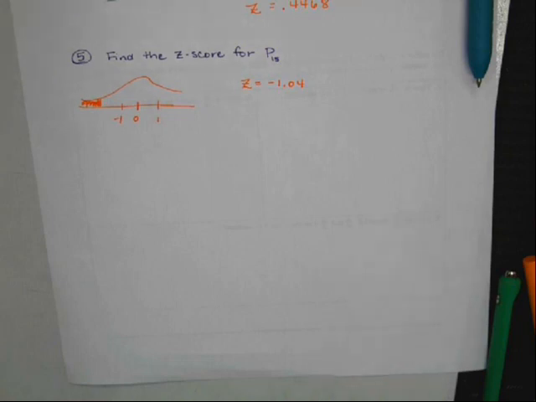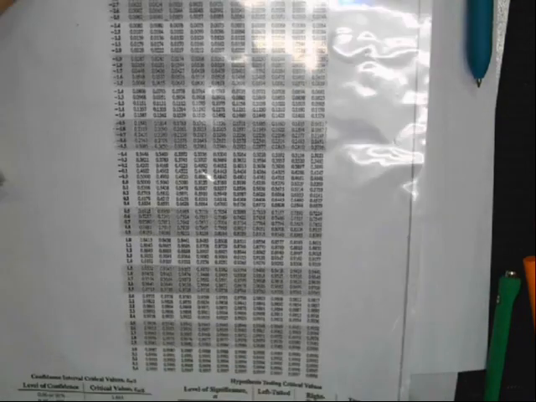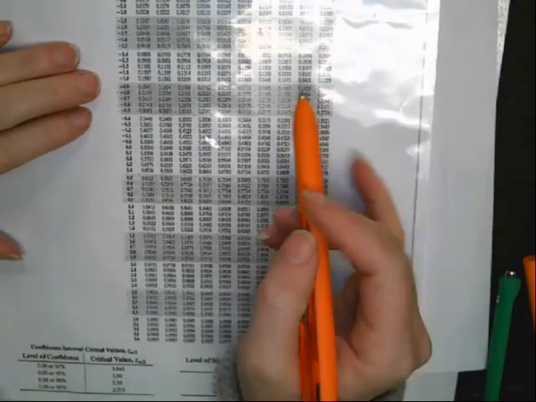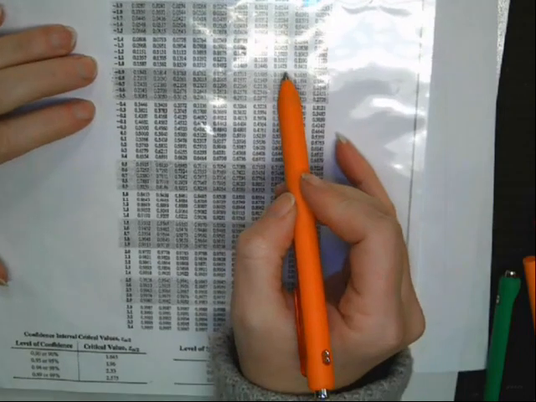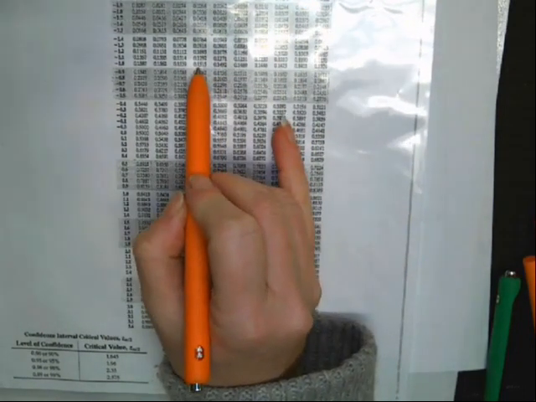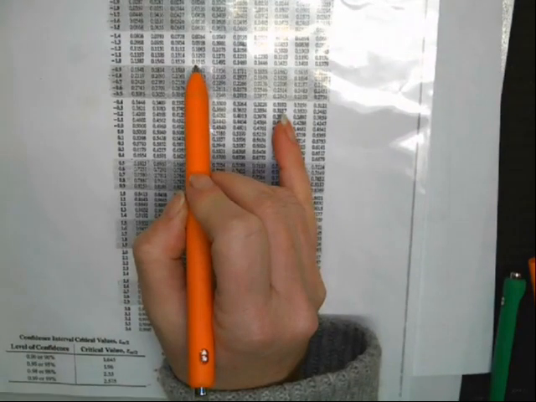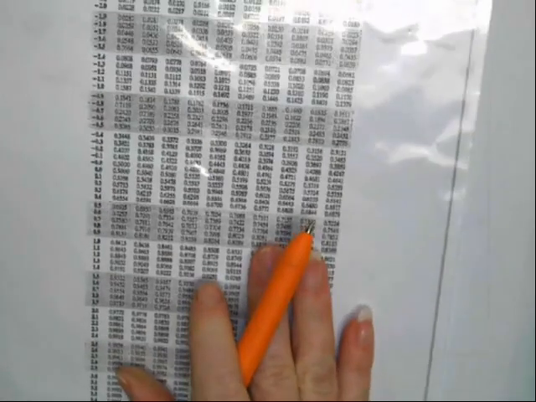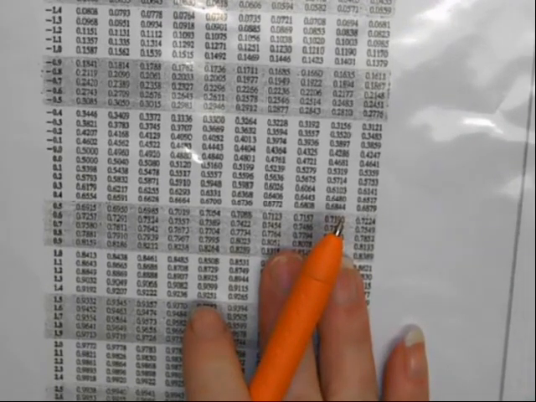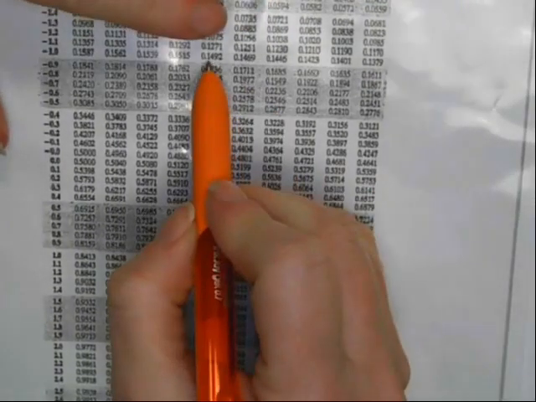On your z table, if I go to look for 0.15, I can't find 0.15 exactly because my z table just doesn't have all those values on it. But if you look, I have two different values. I have 0.1515 and I have 0.1492.